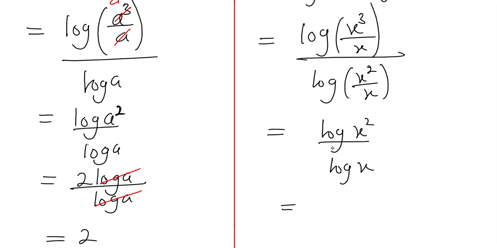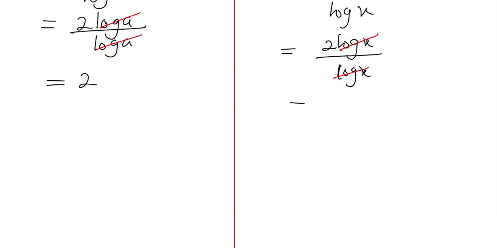Now it implies the numerator can be expressed as 2 logarithm of x, and we maintain that of the denominator log x. Now what do we see? We see common logarithms and arguments, so we cancel that. And at the end, our final answer now becomes 2. So that is very simple.